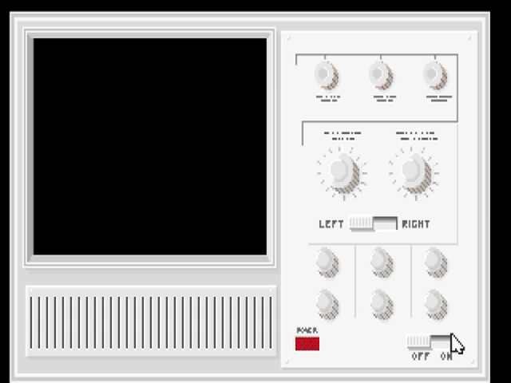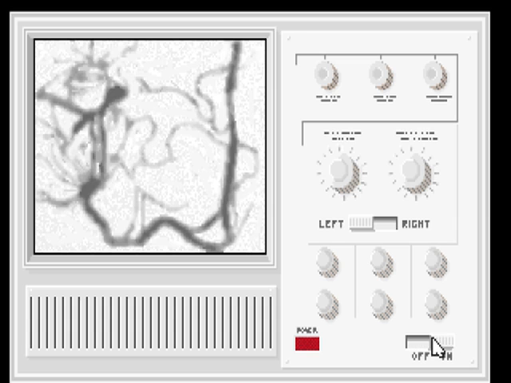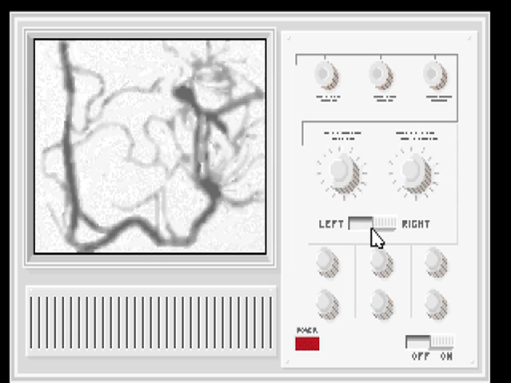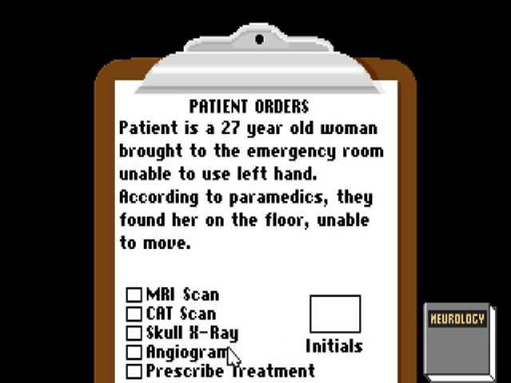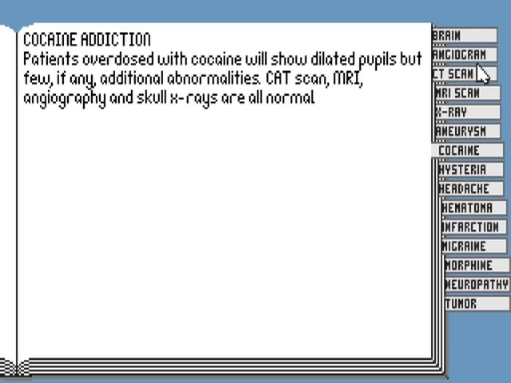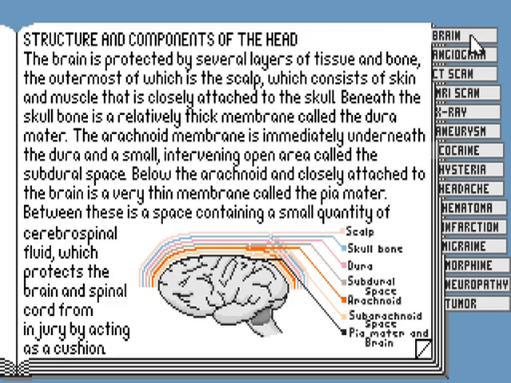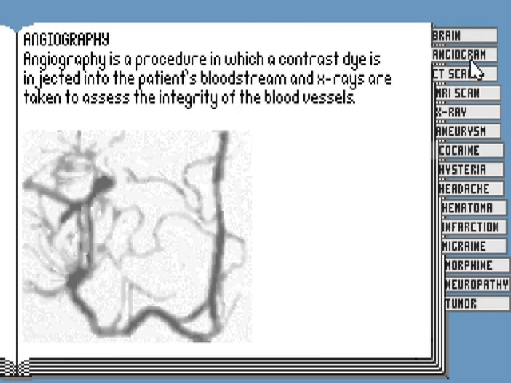How about an angiogram? I guess that's normal. Everything's okay with the angio stuff.